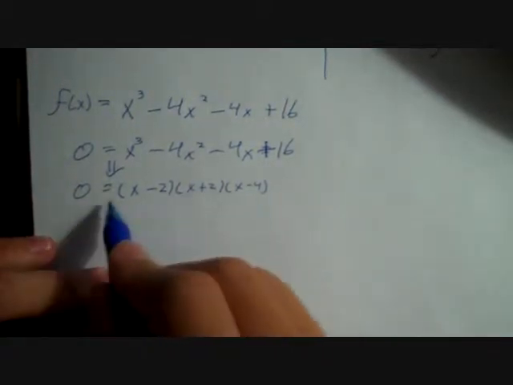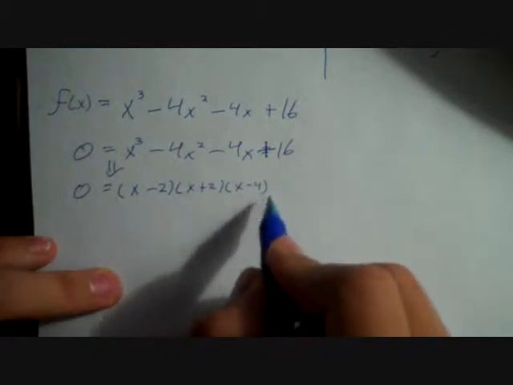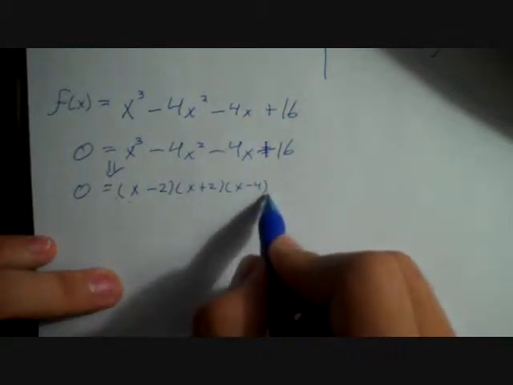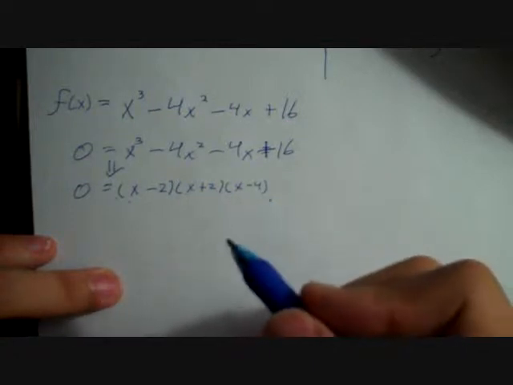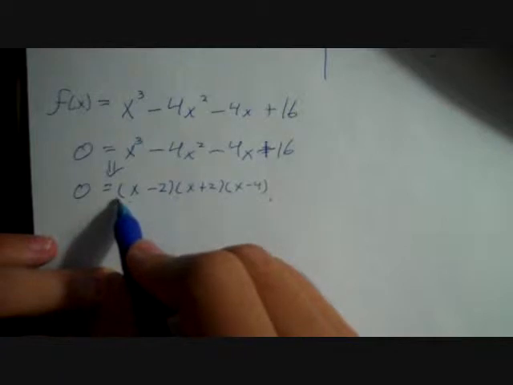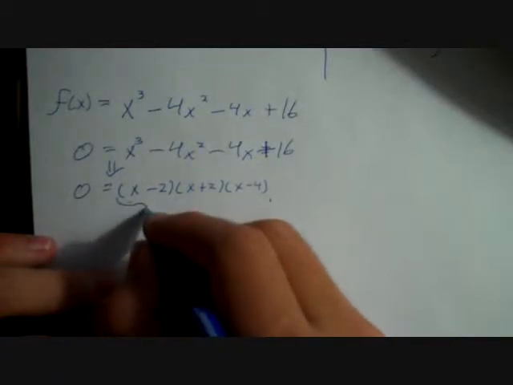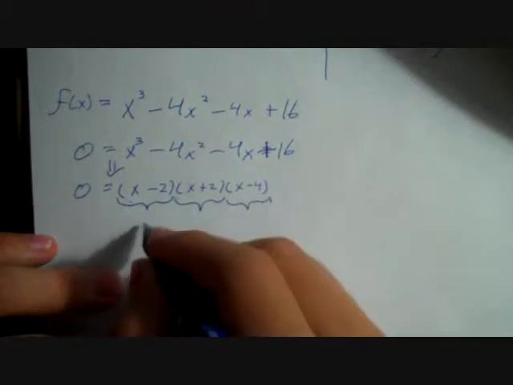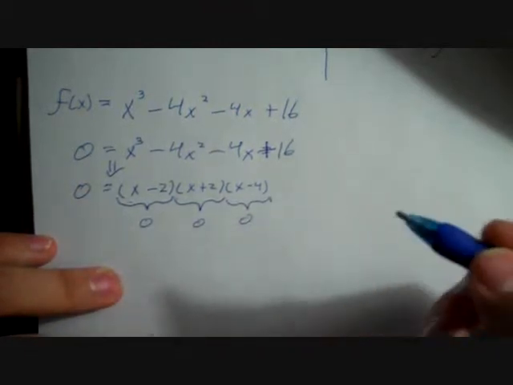So now it's easy to find the zeros of this, because if we have something times something times something, well, anything times 0 is 0, right? So if we can just find out where any one of these is equal to 0, then we'll be fine.